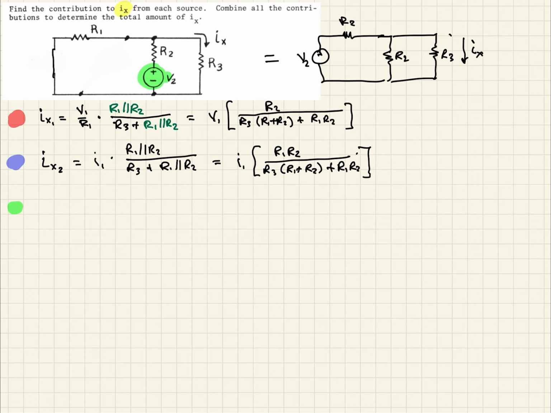So now in this case, it's a current divider again, but we do have to take into account what the source current is.